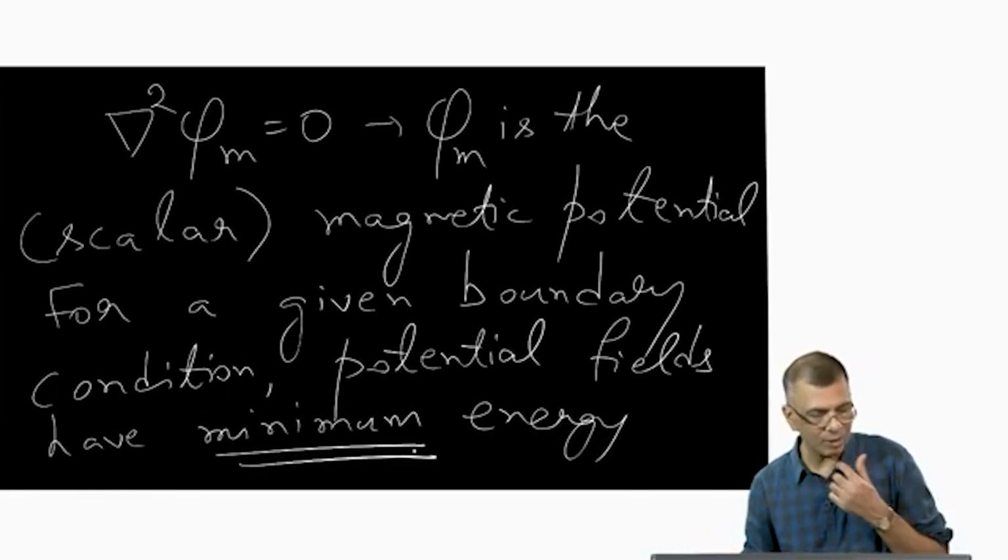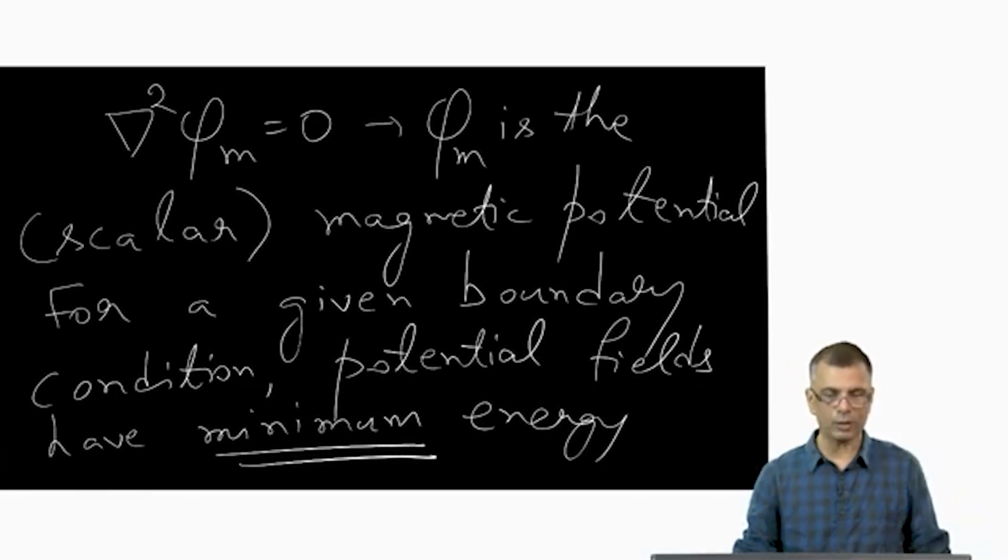It is important in the following sense. Consider the solar surface, the surface of the sun, the photosphere, which is the last visible surface. You cannot see beneath the photosphere.